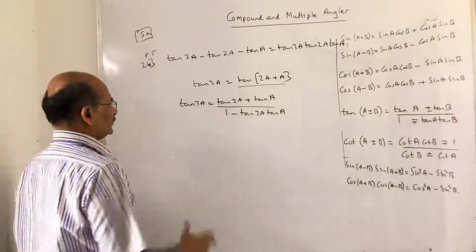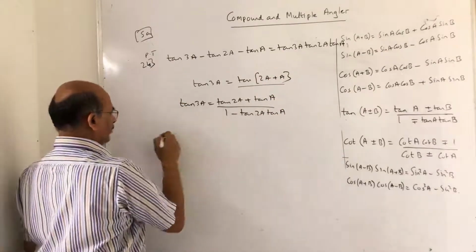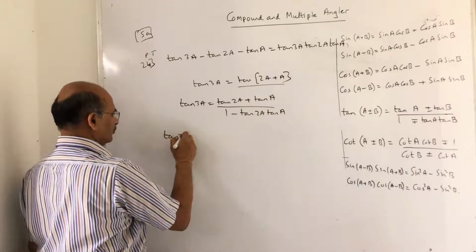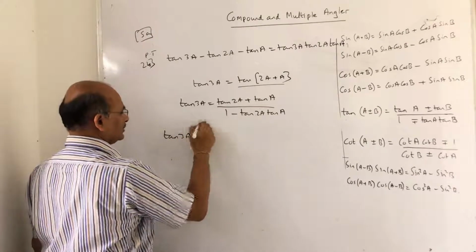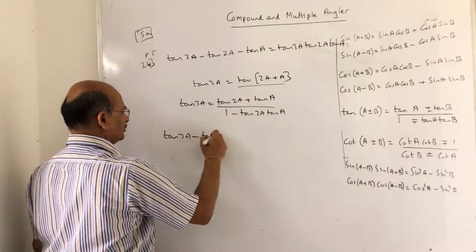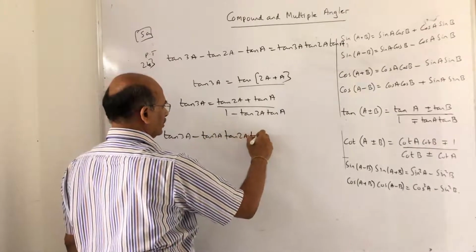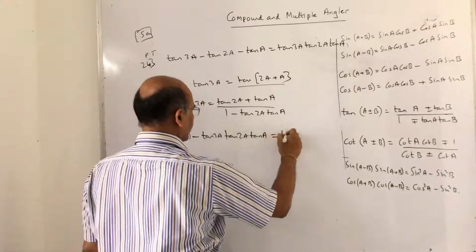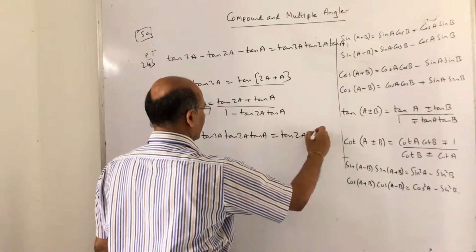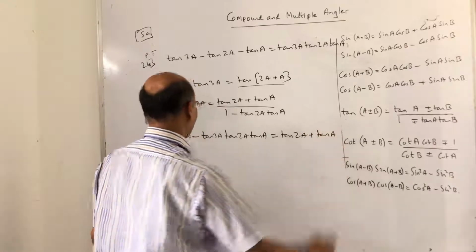Cross multiply, see what happens. Tan 3a into 1 is tan 3a minus tan 3a tan 2a tan a is equal to tan 2a plus tan a.